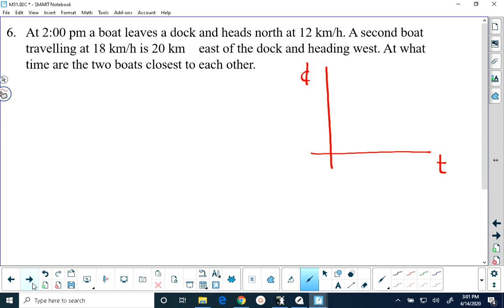We want a function for the distance between these two ships as a function of time. So distance between them is to be minimized.